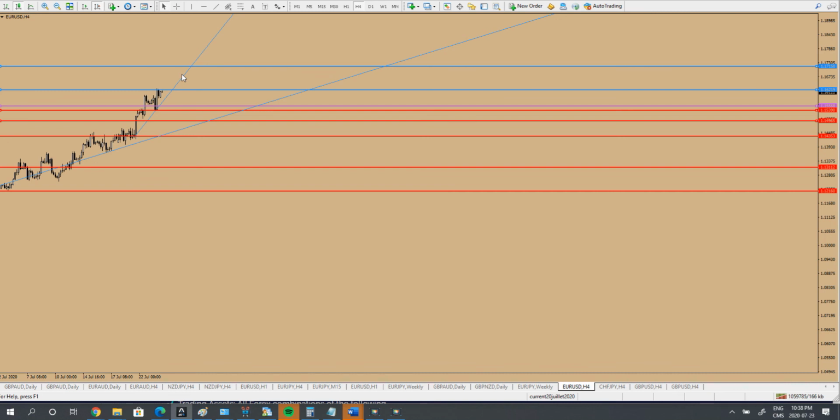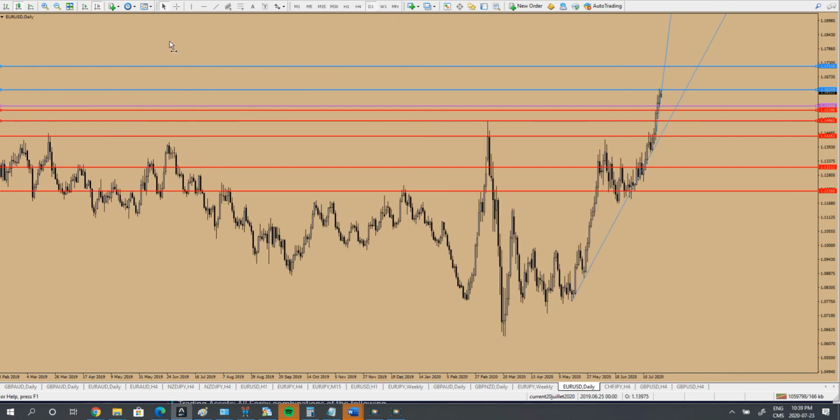And once it re-enters that monthly resistance, you wait for an H4 confirmation, an H4 hammer, or, mostly I like hammers, but if it doesn't do a hammer, you wait for your other type of confirmation to re-enter at an H4 or a daily level.